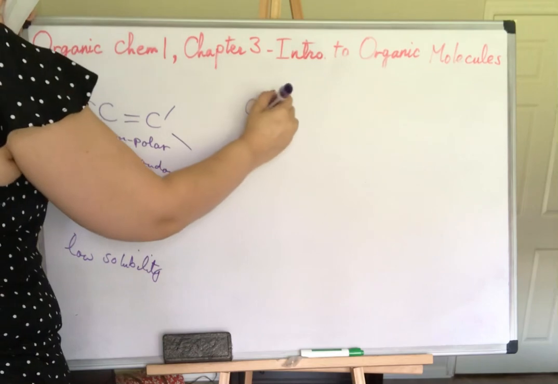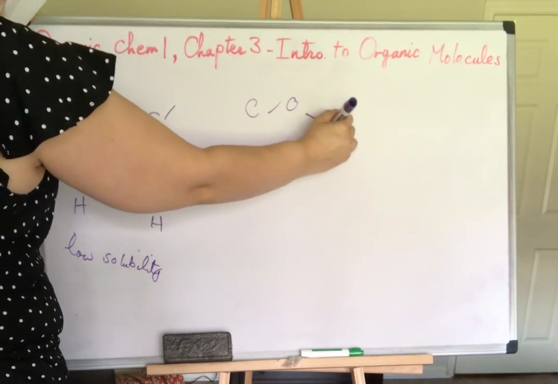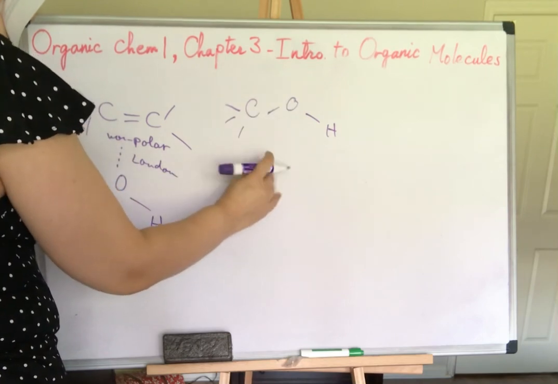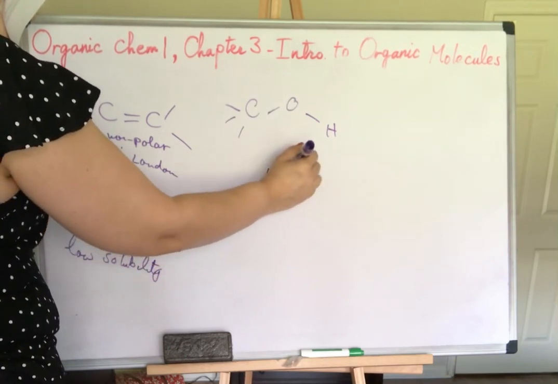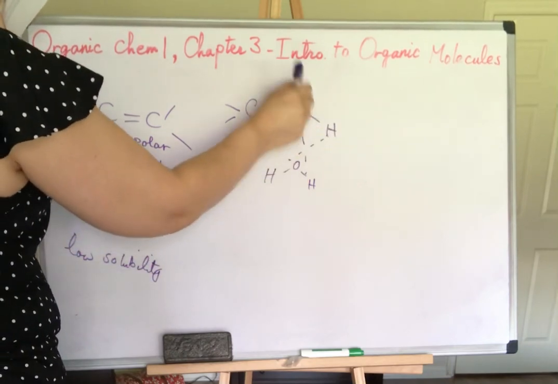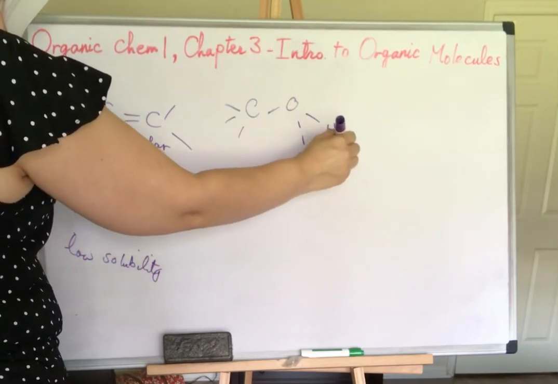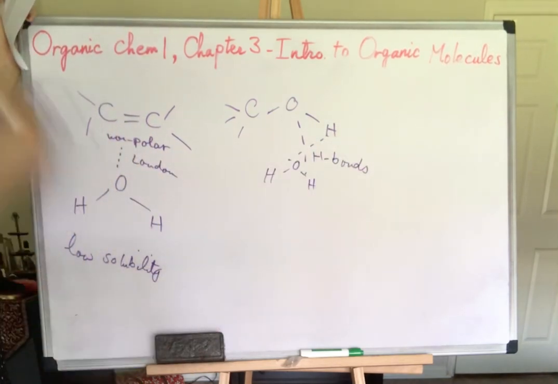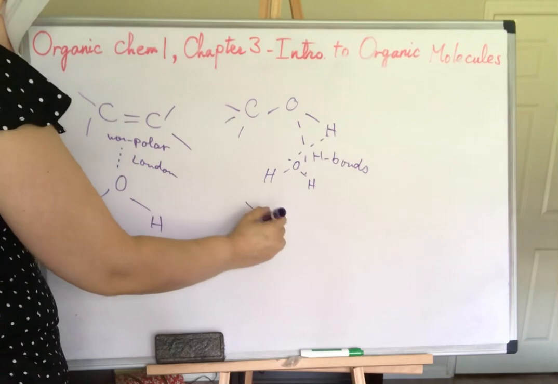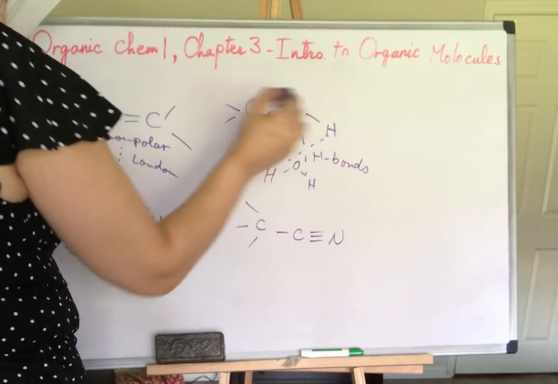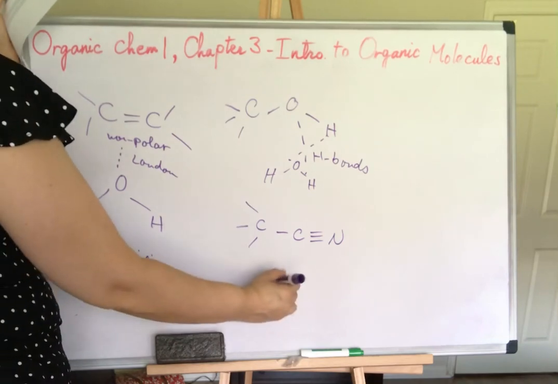But if you do it with an alcohol, you will see you have lots of opportunities for hydrogen bonding. And we all know that alcohols are very soluble in water. If you work on a nitrile, let's work on a different molecule today, this time.